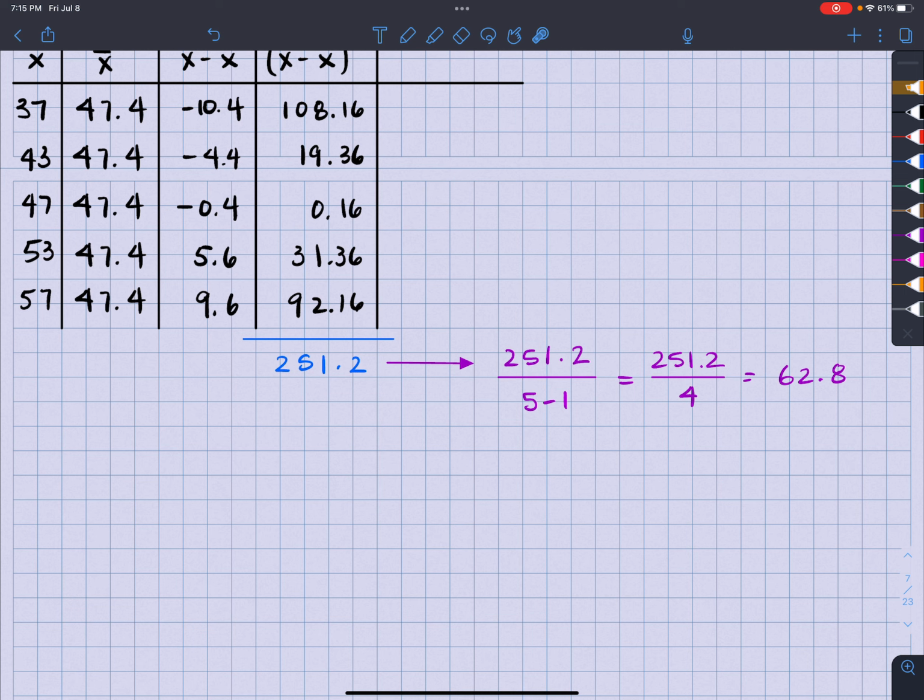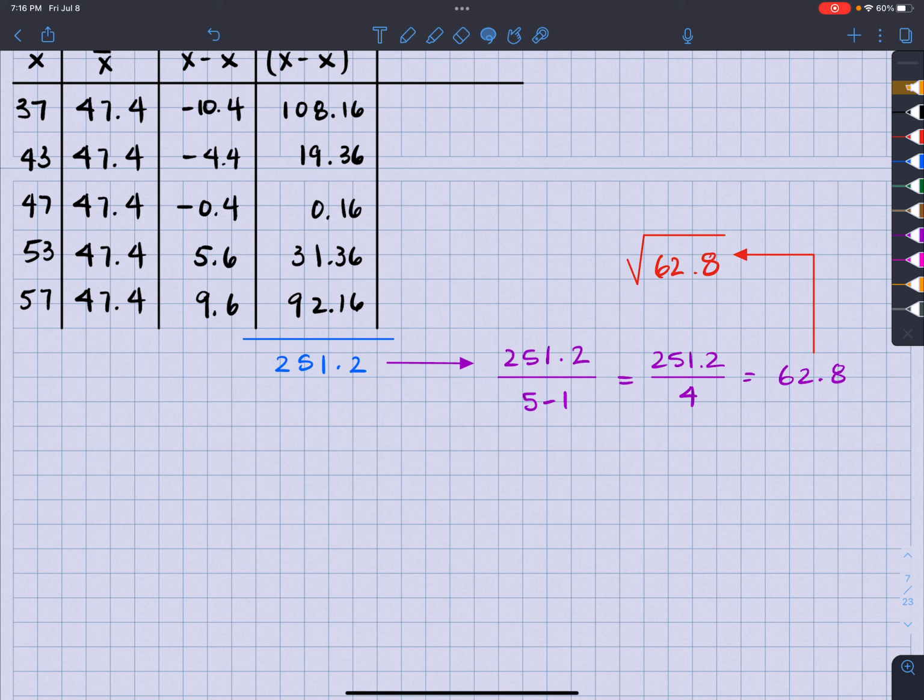So now I'm going to take the square root of 62.8.